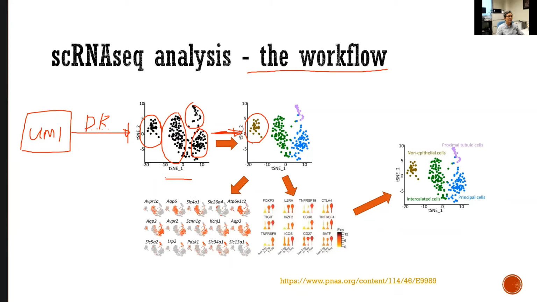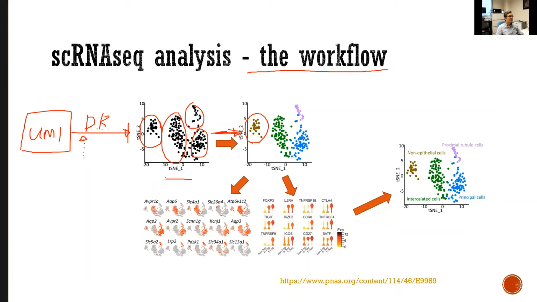Then you can assign cell types by looking at particular genes, so-called marker genes, expressed across specific clusters of cells. Today we are going to introduce one step before dimension reduction.